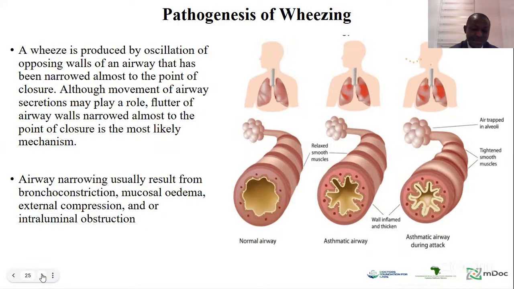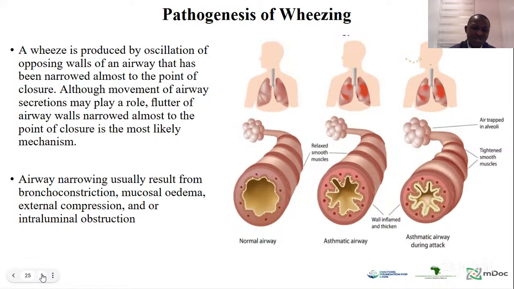Other things that can narrow the airway include external compression. In cases of patients with a pneumothorax, there's a pathologic accumulation of air between the parietal and visceral pleura, or a pleural effusion that is compressing the lung tissue from outside. External compression can cause airway narrowing, and also intraluminal obstruction, in patients with, let's say, pulmonary embolism, where there's an embolus that has traveled down and is narrowing the airway.